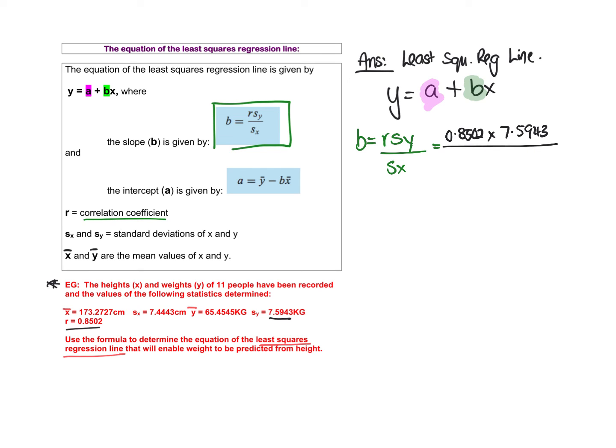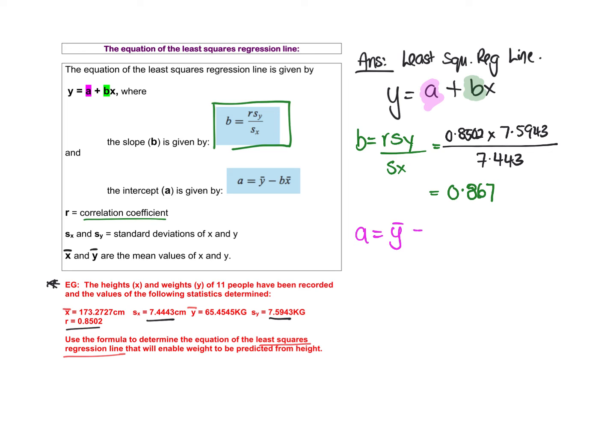And then I'm going to divide it by the standard deviation of X, which is also written there, 7.443. So we'll pop that in on our calculator and it ends up being 0.867, to 3 decimal places.